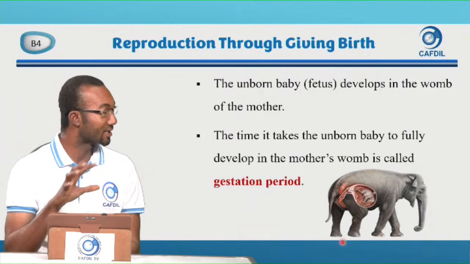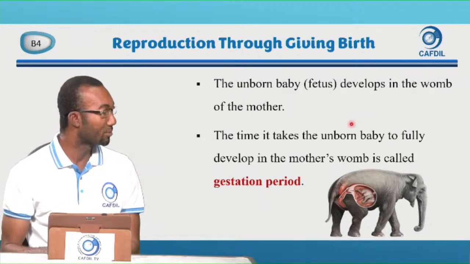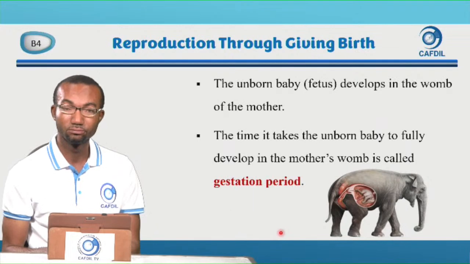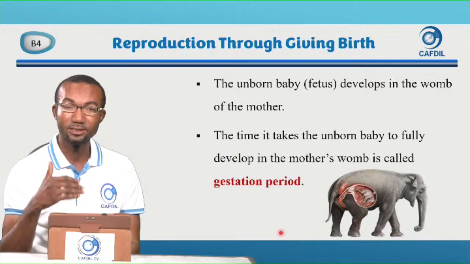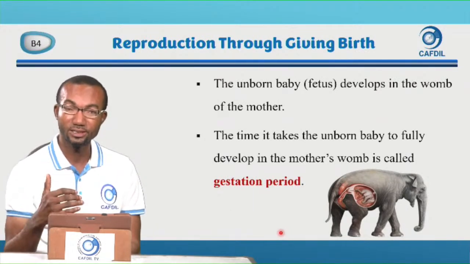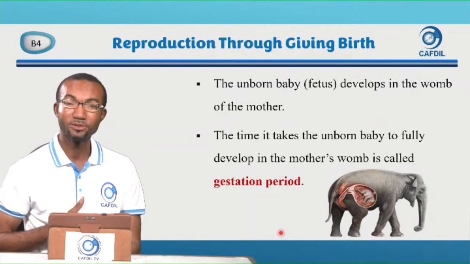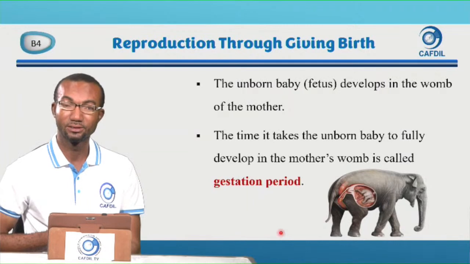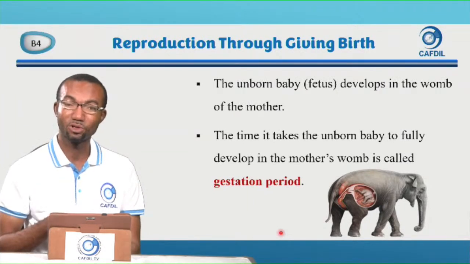So the time it takes for the unborn baby you see here to fully develop in the mother's womb is called gestation period. Say it after me: gestation period. So when you see any animal pregnant, that moment is called gestation period.